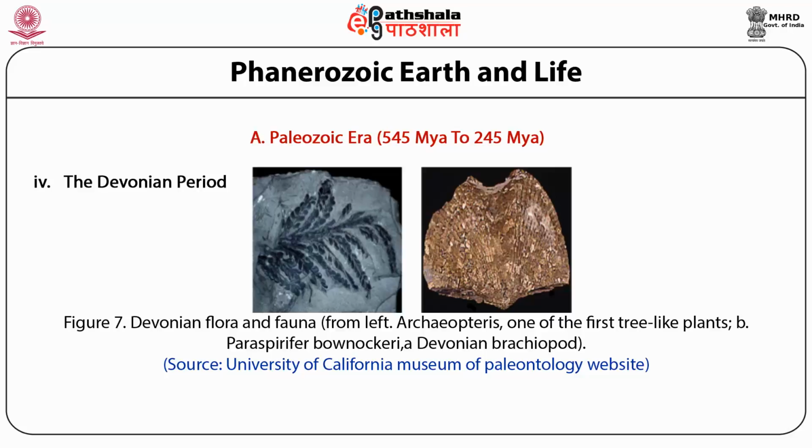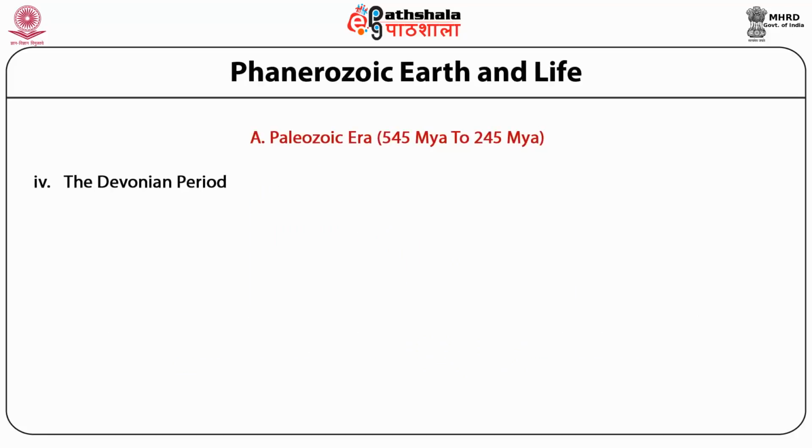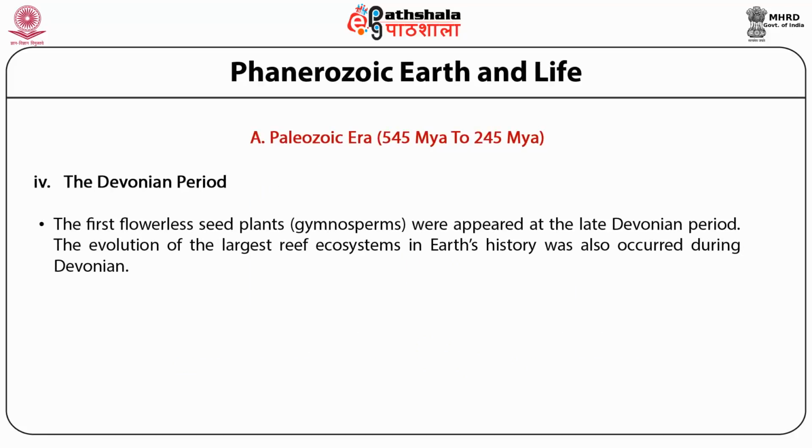There were three major continental masses during the Devonian period, that is, North America and Europe, which sat together near the equator, and a supercontinent consisting of South America, Africa, Antarctica, India, and Australia in the southern hemisphere. The first flowerless seed plants, that is gymnosperms, appeared in the late Devonian period.